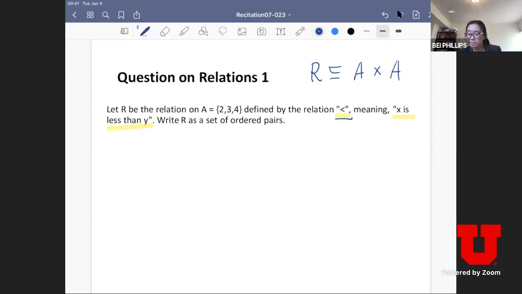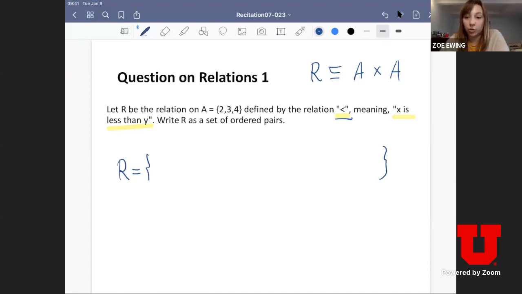than, okay? So can someone tell me what are the ordered pairs that are part of this relation? Do I have a volunteer? David said 2 and 3, 2 and 4.